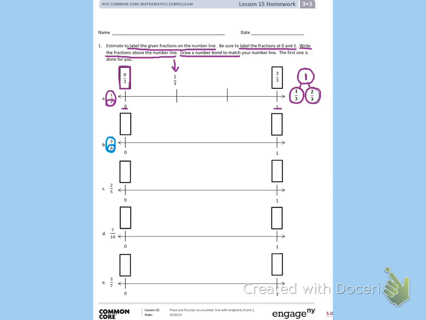I will go ahead and begin estimating to make each portion of the number line as close to equal as possible. Again, the number line has to be divided into 6 equal portions.